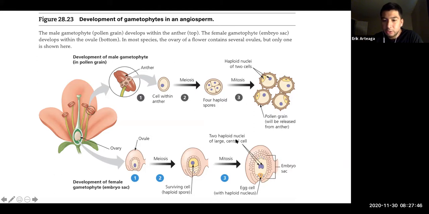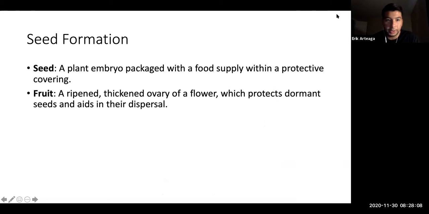So you have 2 haploid nuclei at the large center. This is again going to be the endosperm, which is going to form the food for that specific seed. So again, you have the egg cell, and then the 2 haploid nuclei, which will develop into the endosperm. Again, this will help feed the seed of that plant.